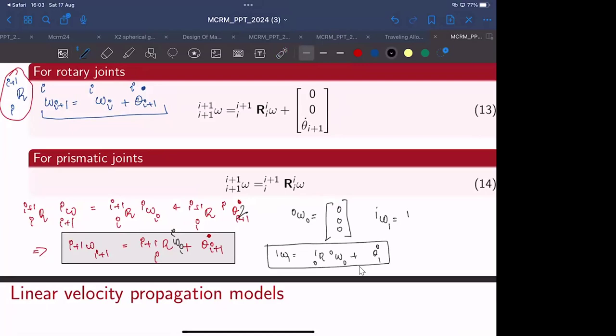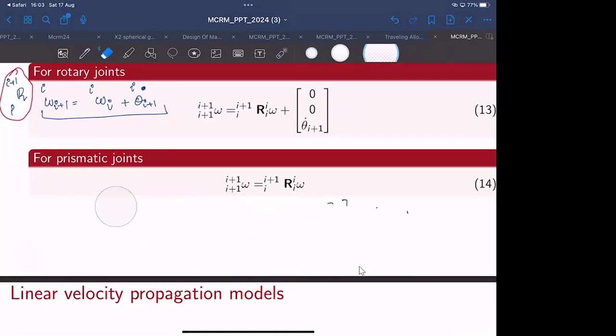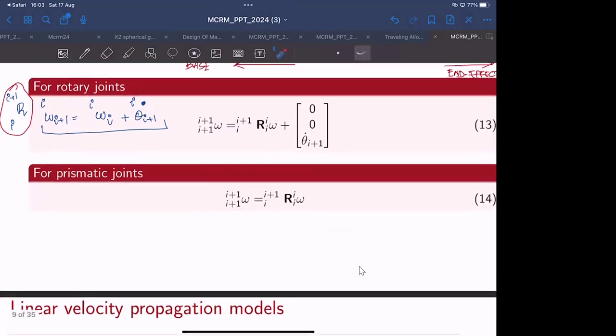And similarly, you can propagate this all the way to find 2 omega 2, 3 omega 3, and so on and so forth, right? That is how you would use that propagation law. And yeah, that is for revolute joints.